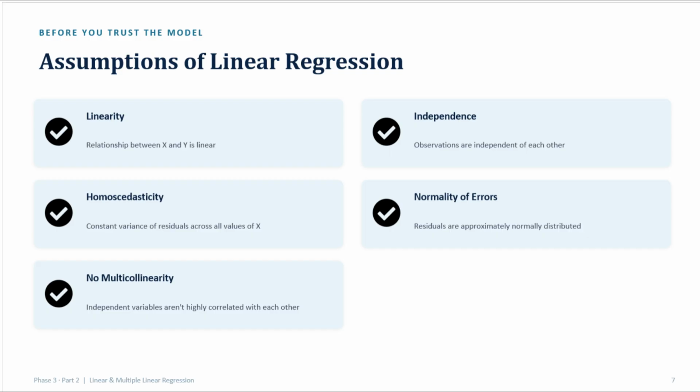Fourth is normality of errors, where the residuals should be approximately normally distributed. And finally, no multicollinearity, meaning the independent variables should not be highly correlated with one another. These assumptions help ensure that our model produces reliable and meaningful predictions.